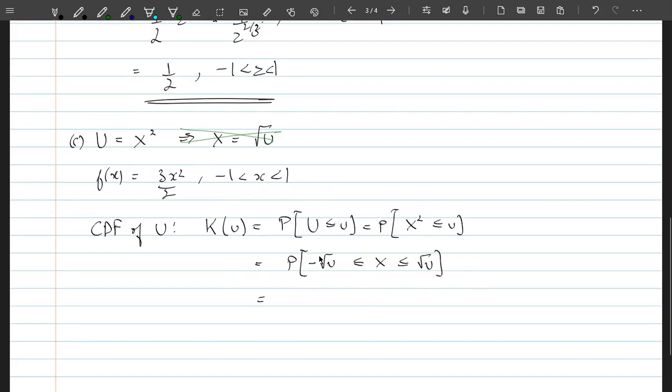But this is also there. Nevertheless, we can write it in terms of CDF as F of square root of u minus F of minus square root of u. Because remember, this is probability of x less than or equal to square root u minus probability of x less than or equal to minus square root of u, which is exactly this.